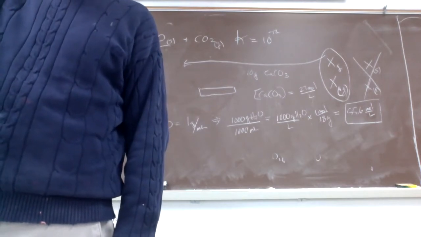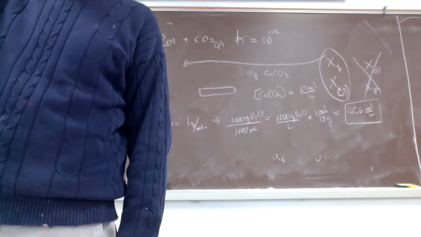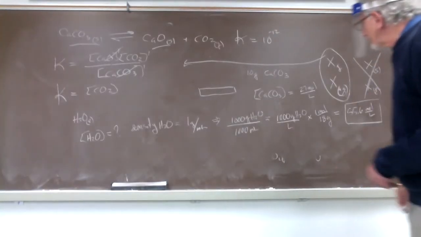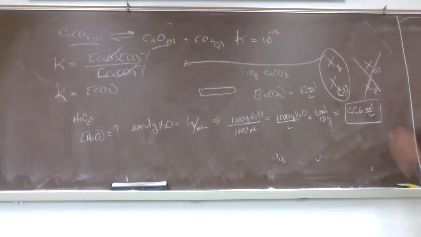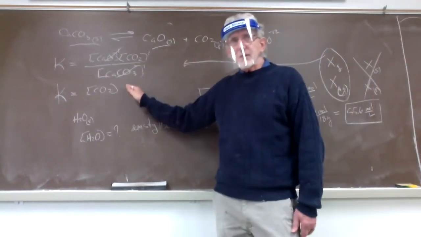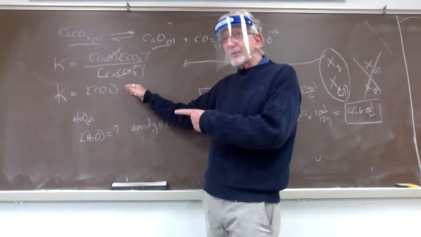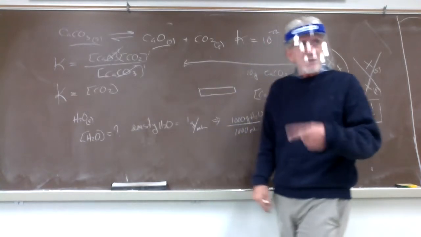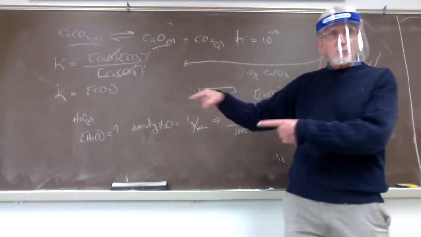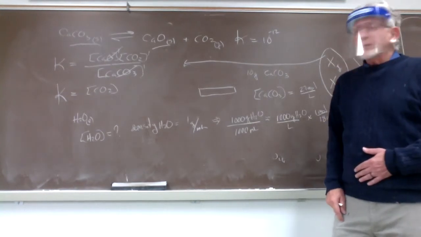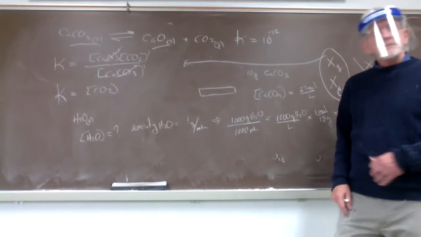What's the concentration of that drop? 55.6 moles per liter. So for any pure liquid or pure solid, the concentration remains constant regardless of how much you have. And therefore, we do not put them into the equilibrium constant. We only put into the equilibrium constant those reactants and products whose concentration literally changes as the reaction moves towards equilibrium, as the amount of that substance, that reactant or product changes. Make sense?